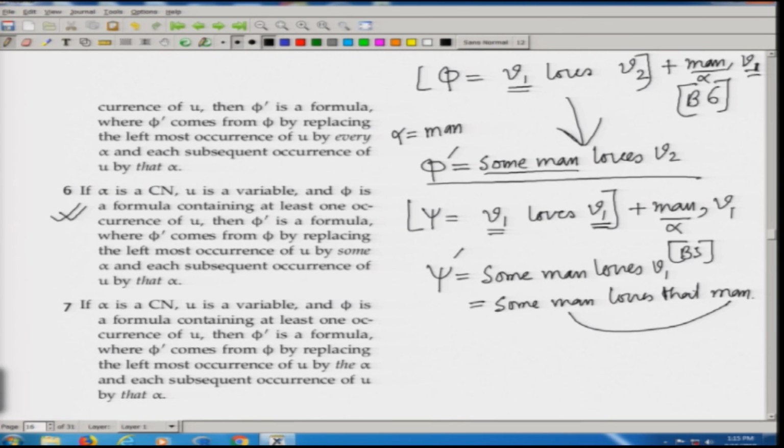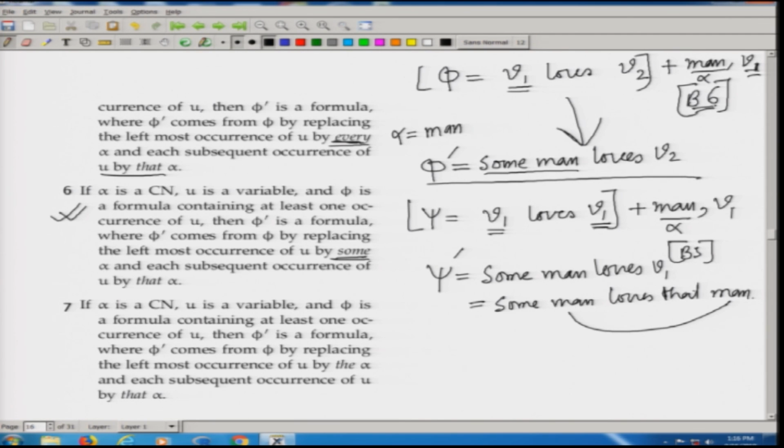Now, we consider B5 where we have every. The rules seem to be exactly the same except for the quantifier. So this is the every rule, and this is the some rule. We did the some rule first, not a big deal. Now, let us consider B5, it is the same thing.